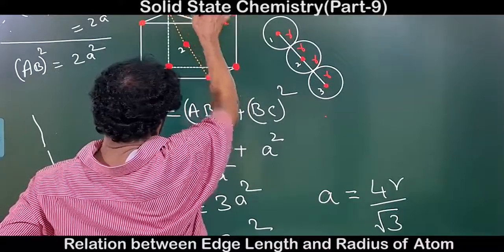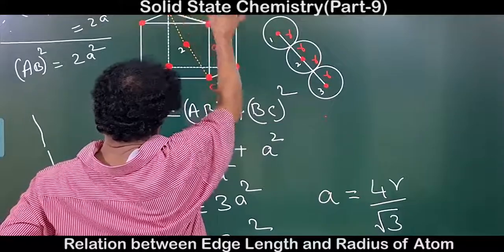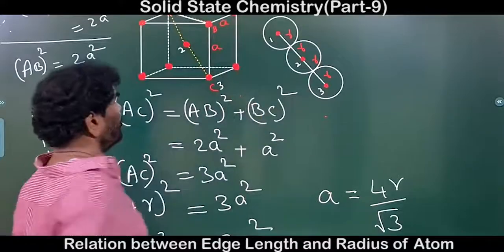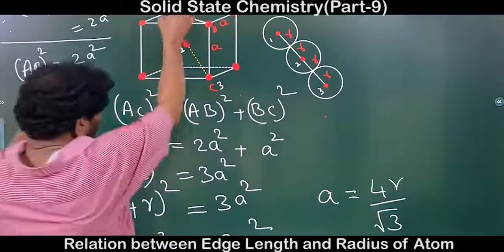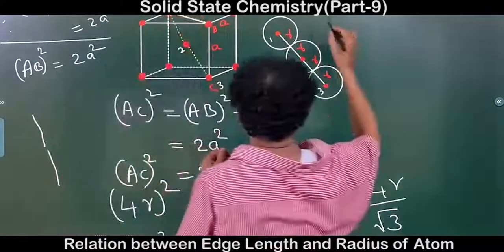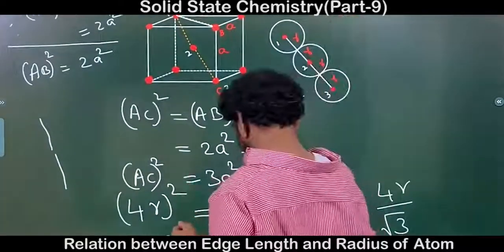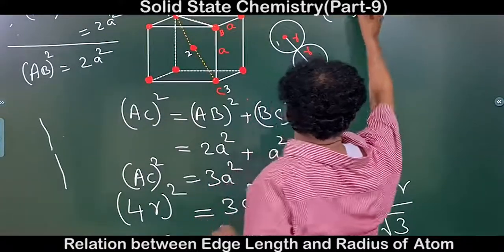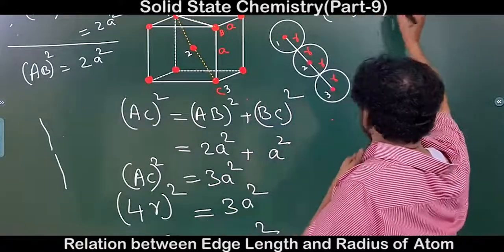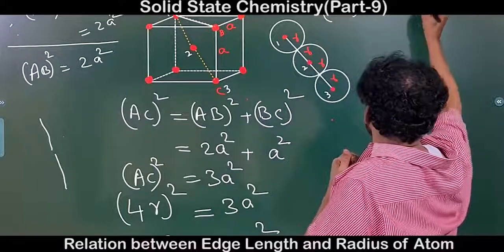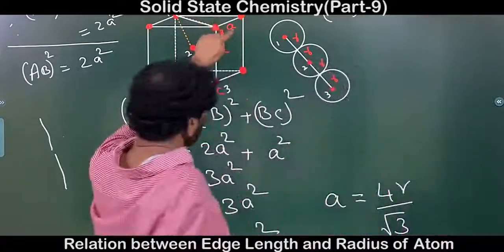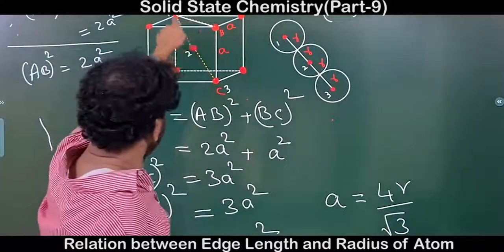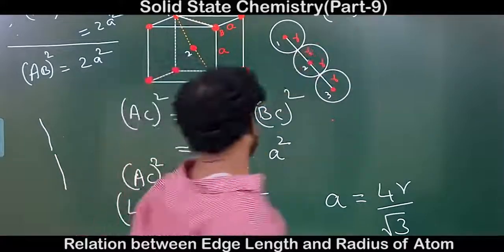The square of the length is equal to a square plus a square, according to the Pythagoras theorem. Therefore, AB square is equal to a square plus a square, that is 2a square.